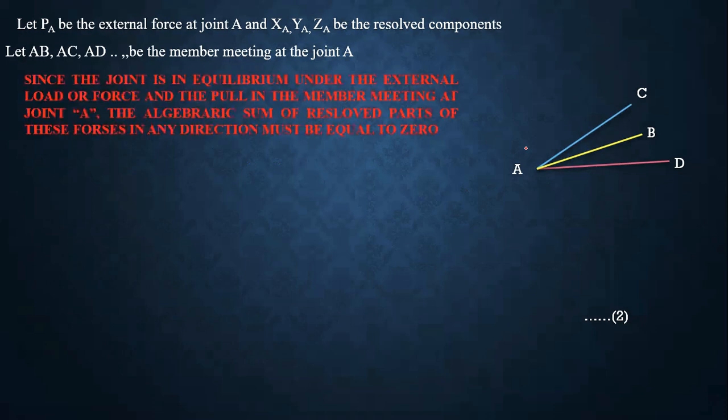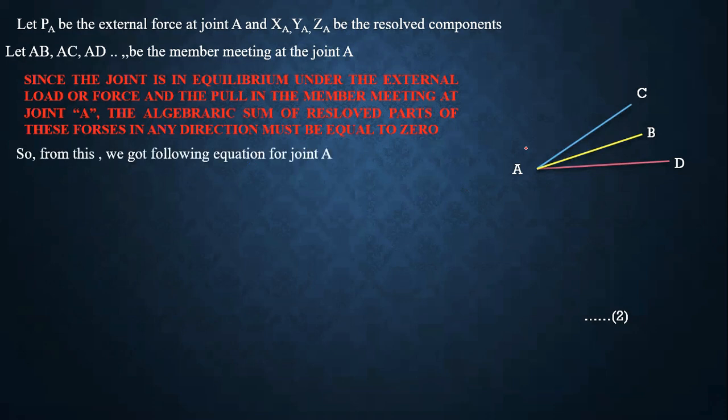Since the joint is in equilibrium under the external load and the pulls in the members meeting at joint A, the algebraic sum of the resolved parts of these forces in each direction must be equal to zero.